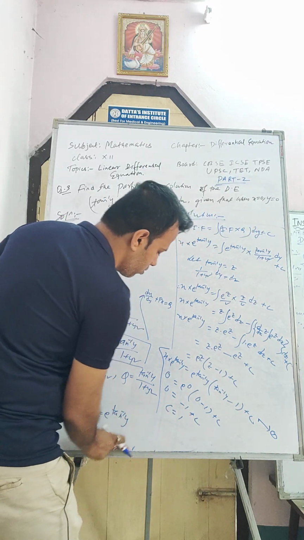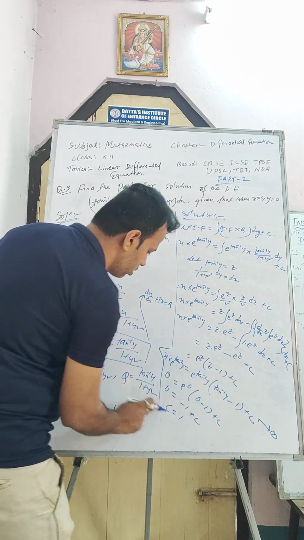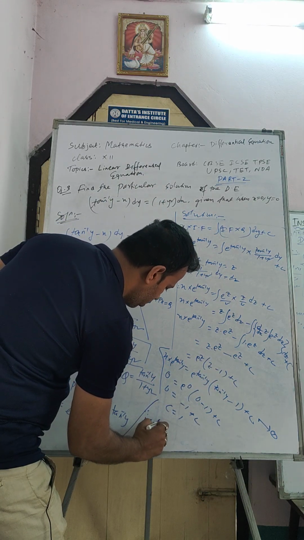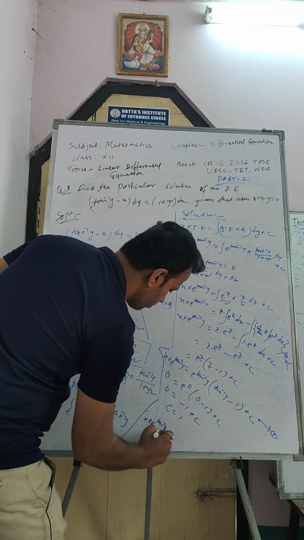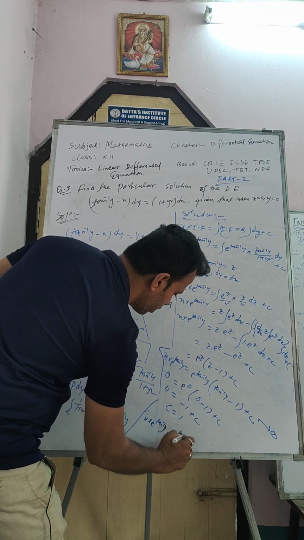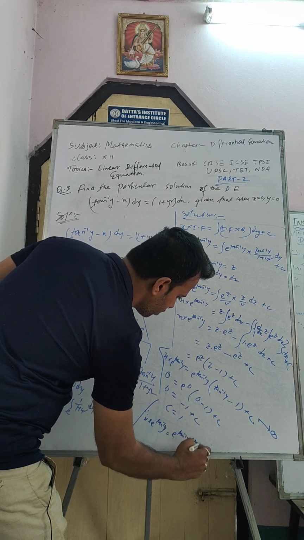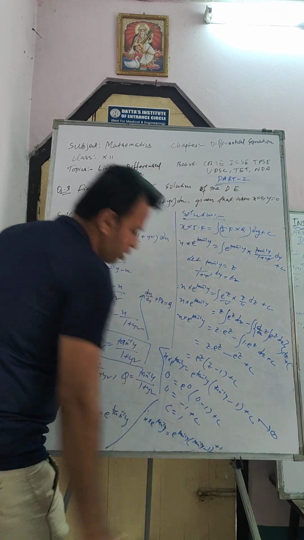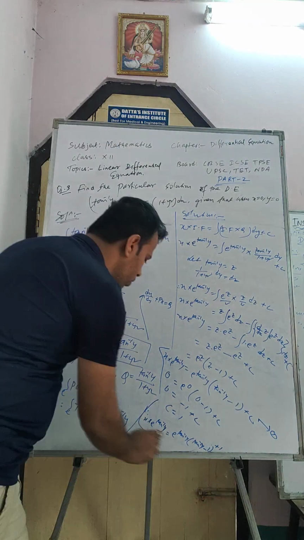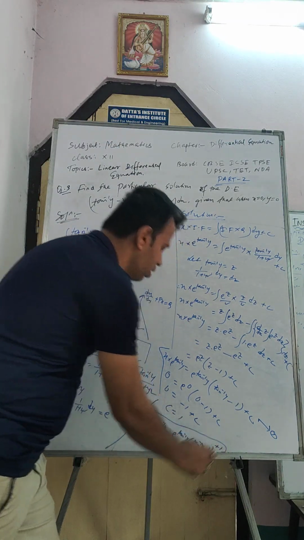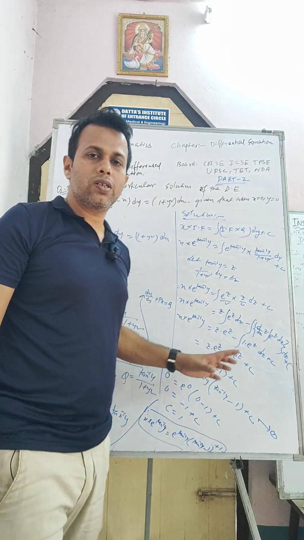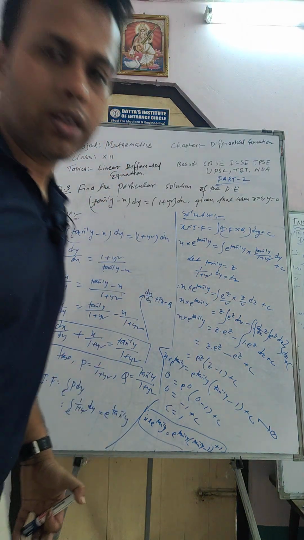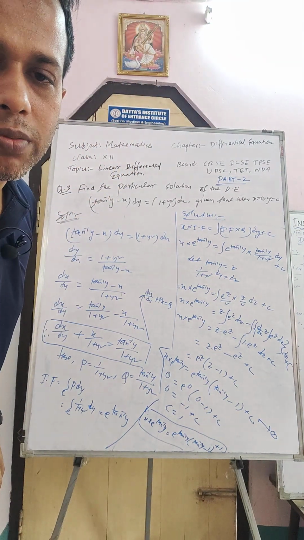So the solution will be x into e to the power tan inverse y equal to e to the power tan inverse y into tan inverse y minus 1 plus 1. Okay, so this will be the particular solution of the differential equation of the question. Got my point? Okay, I hope all of you enjoy this.